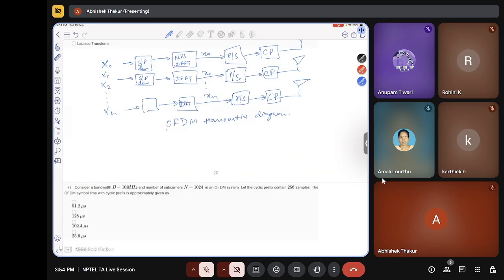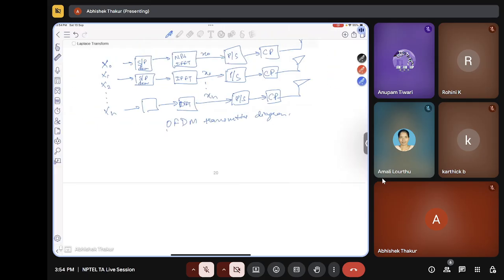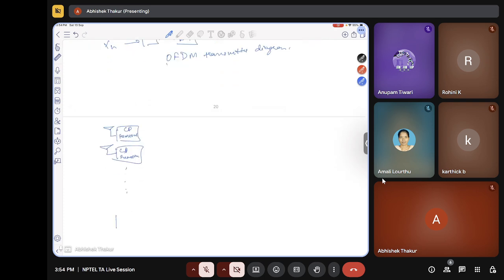Now at receiver, it is again simple only. So we will do everything in the reverse way. So first, let's suppose this is our receive antenna. First we will remove the cyclic prefix. So this is the receiver RX, and then again we convert the data from serial to parallel.